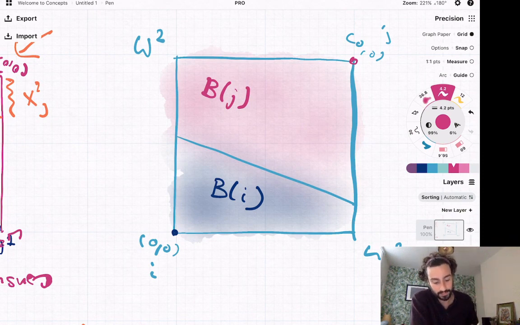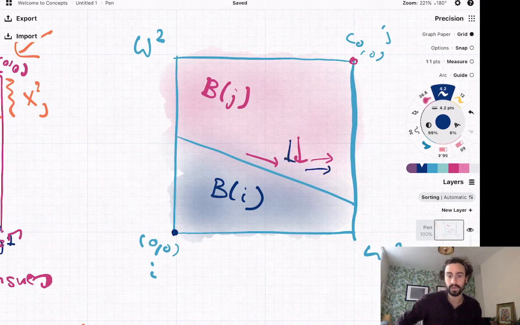And I say the other direction because a movement along here is a trade. J is getting more of good 2, right? They're moving up, and less of good 1, and they're moving this way. Whereas consumer I is getting less of good 2 and more of good 1, right? So a movement in one direction for J is the opposite movement for I, and that makes sense because they're actually trading with each other, right?